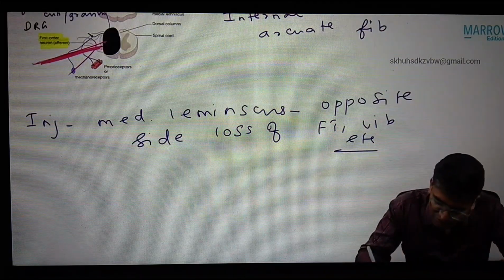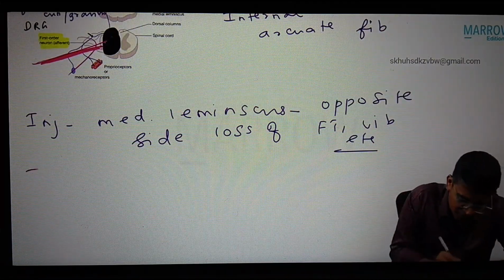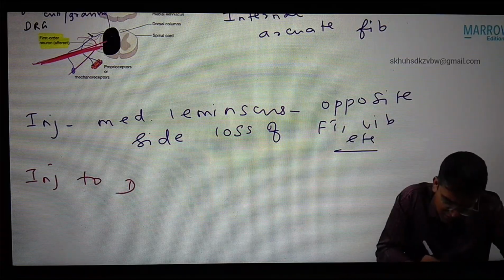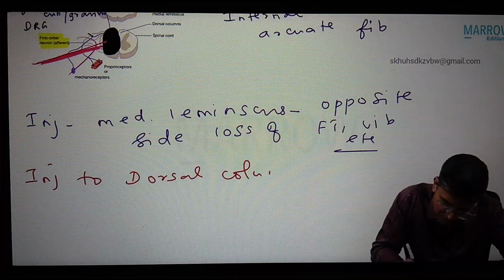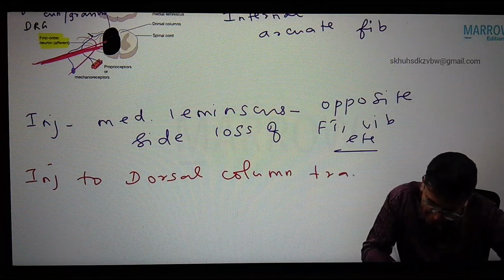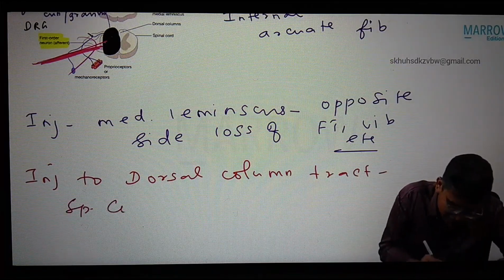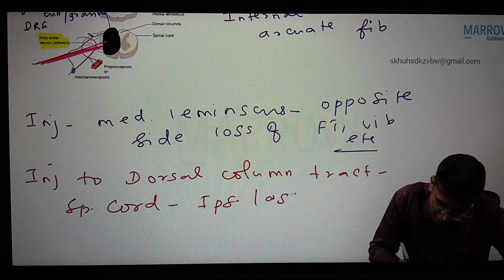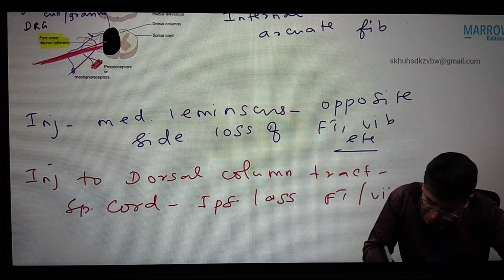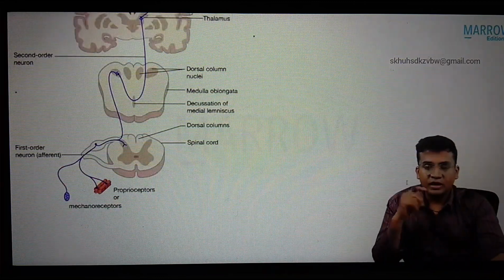So the patient has ipsilateral loss of fine touch, vibration, etc. Now one more point.